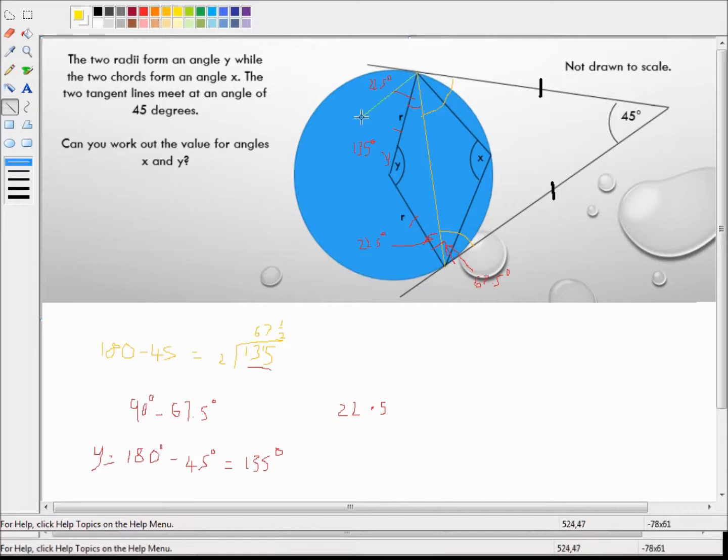If we draw a cyclic quadrilateral, I can draw it anywhere on the circumference, so long as I'm extending the cyclic quadrilateral into the circumference, then this is now a cyclic quadrilateral if I go over this line here and this line here. So let's make it thicker so that we can see our cyclic quadrilateral.